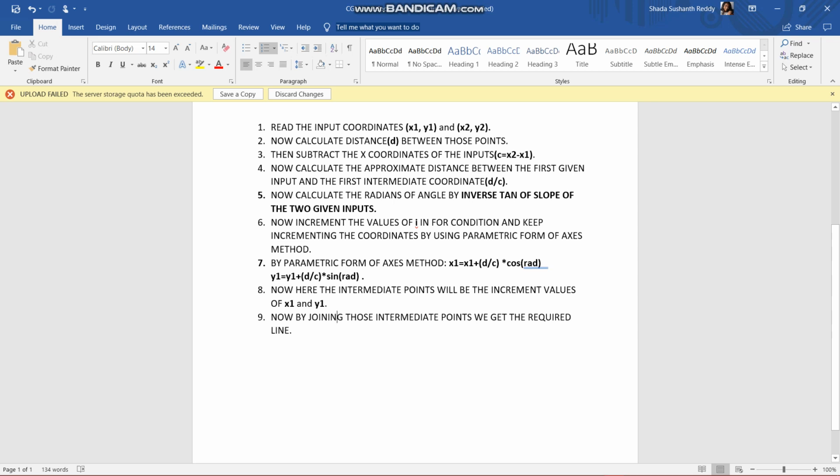The intermediate points will be the incremented points of x1 and y1. We have to consider either x1 or y1 to increase, so that we go along a line to get the points. So we used this algorithm and we got the approximate line, so that we can see the points in later software. My teammate Sushant will continue the video.